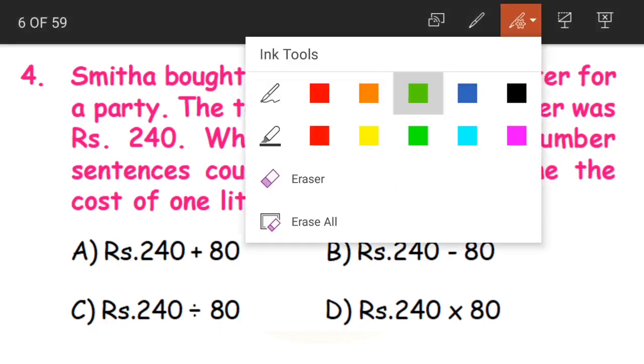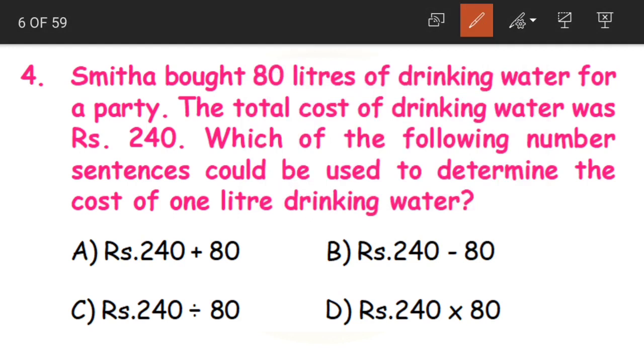Again a similar question. Here we have the cost of 80 liters. Yes, the cost of 80 liters is 240 rupees. But what should we find out here? The sentence that could be used to determine the cost of 1 liter of drinking water.